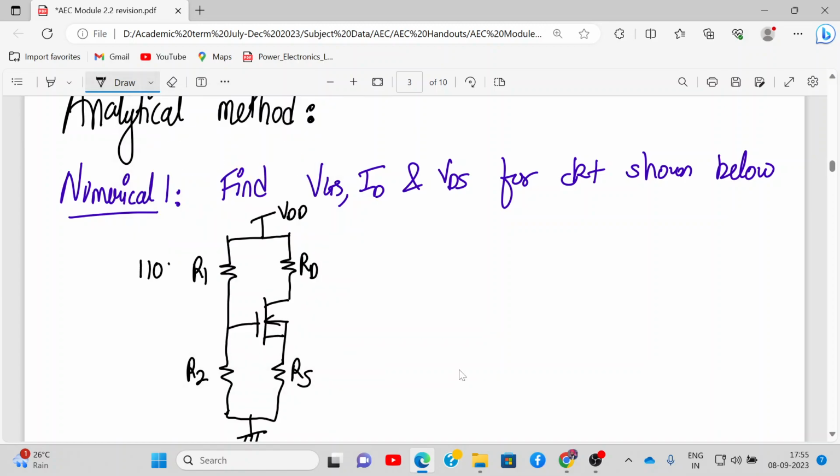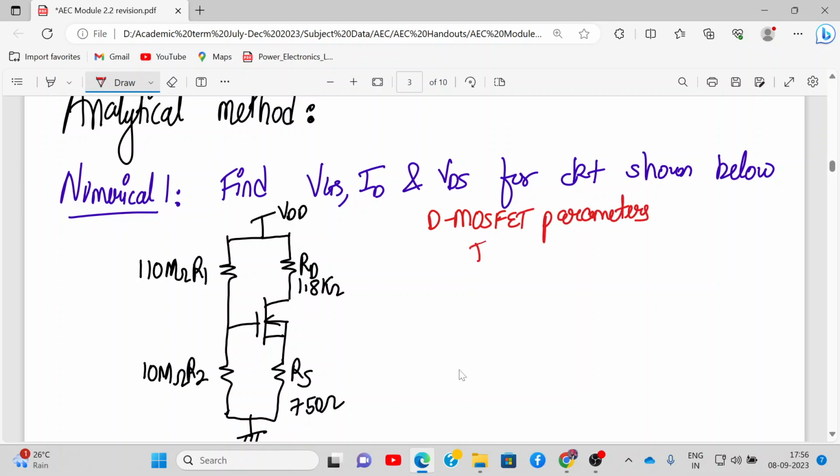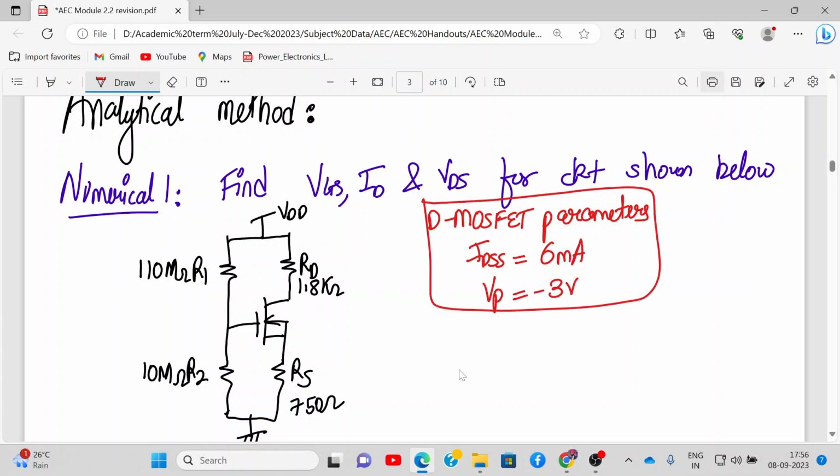R1 is 110 mega ohm, R2 is 10 mega ohm, RD is 1.8 kilo ohm, RS is 750 ohm, and the D MOSFET parameters are given as IDSS is equal to 6 milliampere, Vp is equal to minus 3 volt.